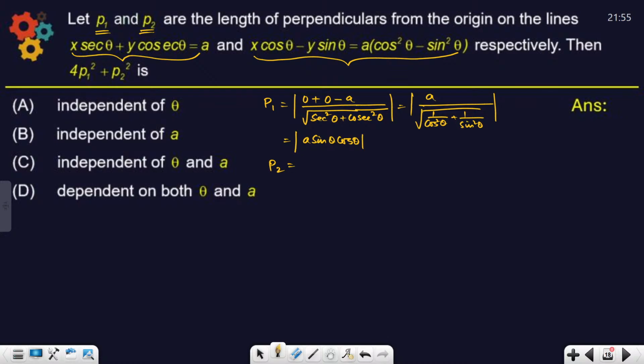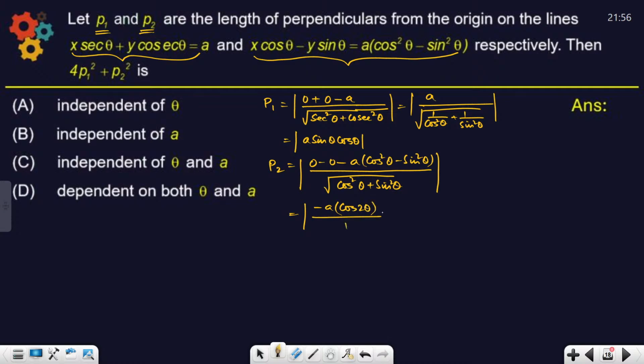P2 is basically 0 minus A. I'm simply applying the perpendicular distance formula, root over of cos square theta plus sine square theta, which will actually give us minus A in the numerator. Let me write this as cos 2 theta. And that is 1. So it's coming like mod of A cos 2 theta.